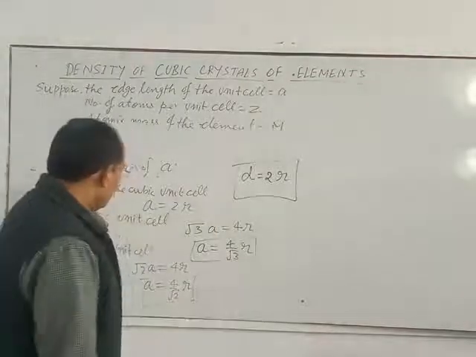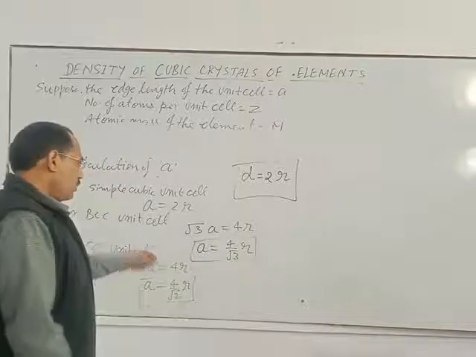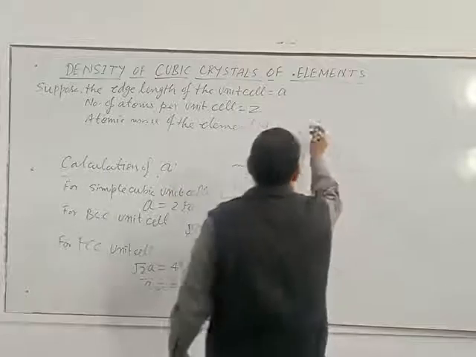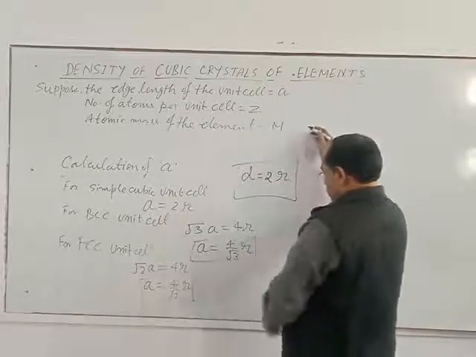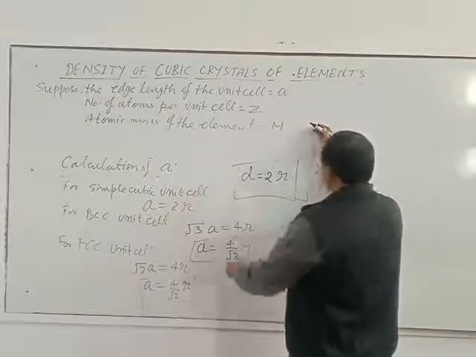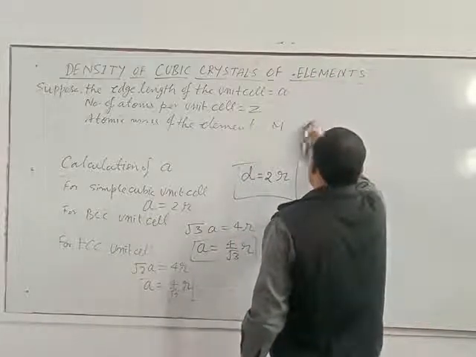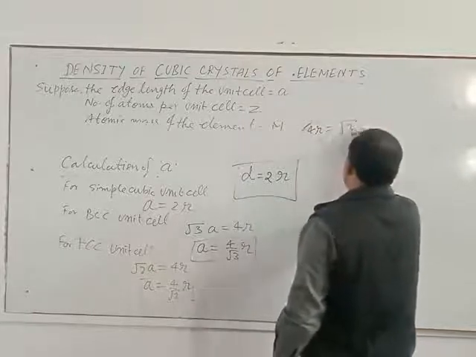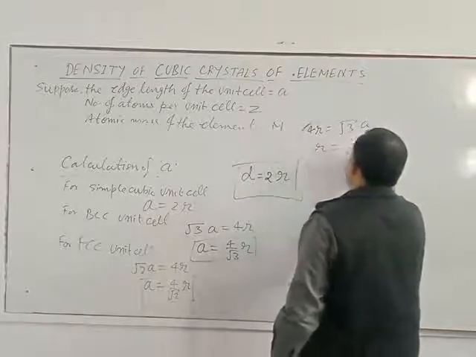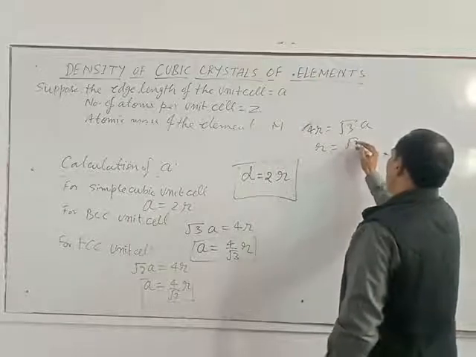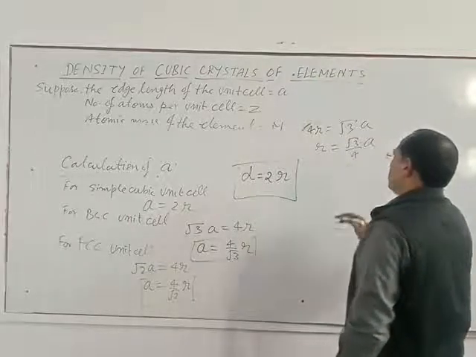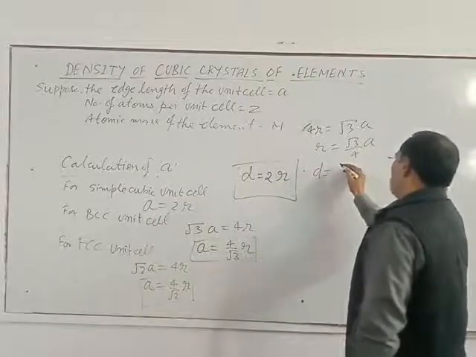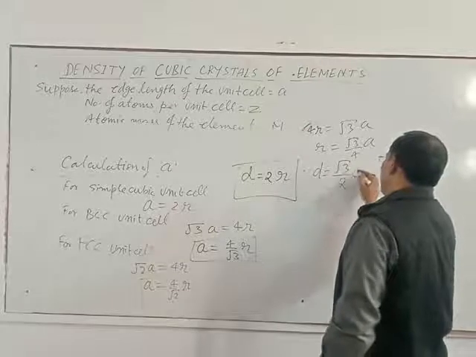But in case of body centered cubic unit cell, what is the value of r? Since 4r equal to root 3 a, therefore r equal to root 3 by 4 a, and d equal to root 3 by 2 a.